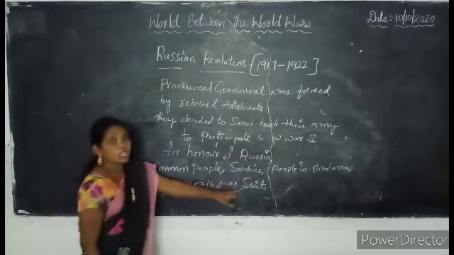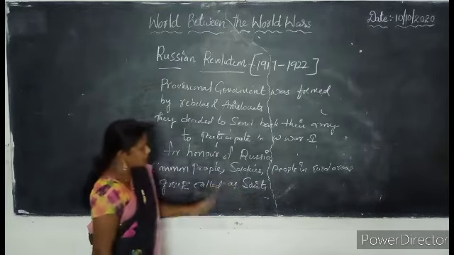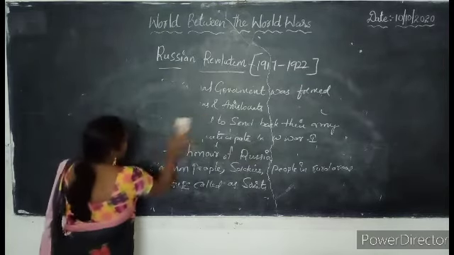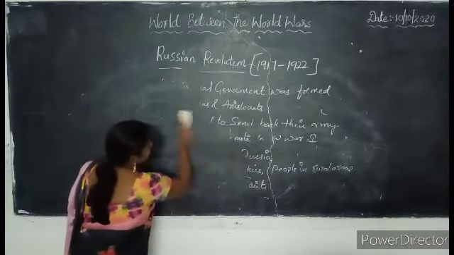We call it Soviets. So all these Soviets together joined. We can call it the Russian Communist Party.